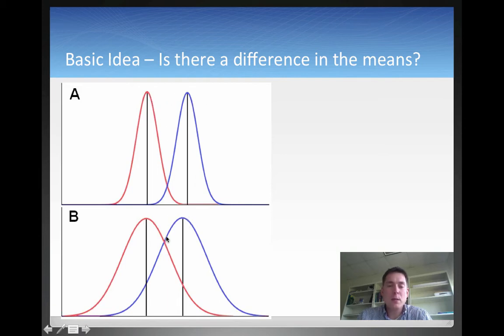But we can see that these two distributions are much less different from each other than these two. You get a little bit of overlap between these two here, and we have a lot of overlap between these two. So essentially, the t-test measures the difference between the groups, and it measures the distribution of each group and compares these to each other.